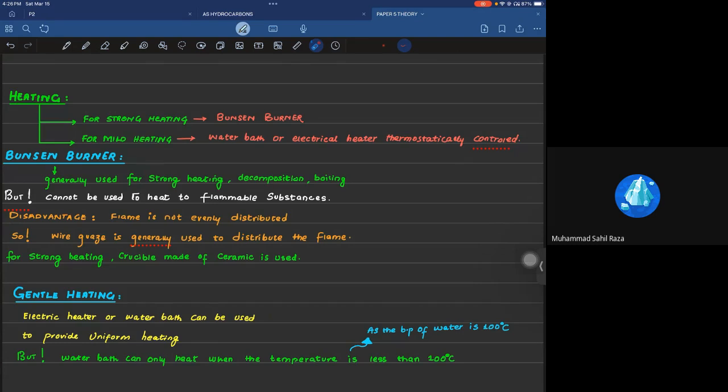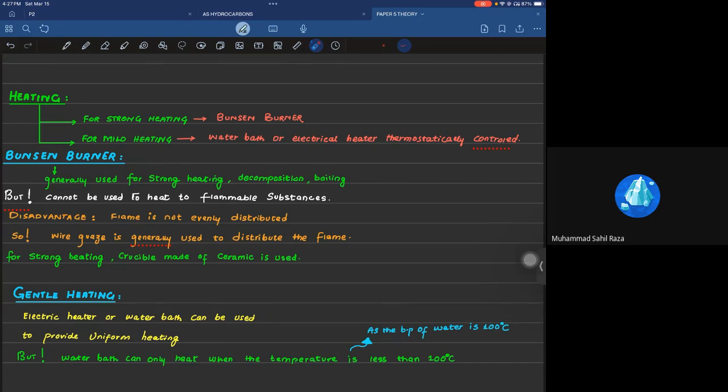Let's suppose I want to heat a substance that we are going to use in a lab, and it's going to release carbon dioxide gas. Let's suppose calcium carbonate. First of all, you have to decompose this calcium carbonate by heating.